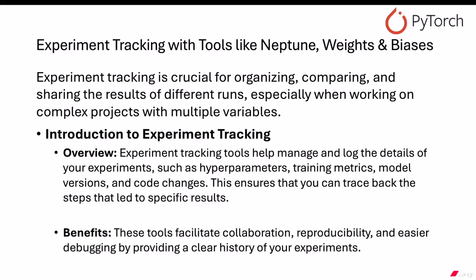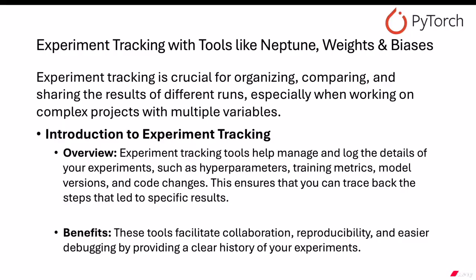Experiment tracking with tools like Neptune, Weights and Biases. Experiment tracking is crucial for organizing, comparing, and sharing the results of different runs, especially when working on complex projects with multiple variables. Introduction to experiment tracking.